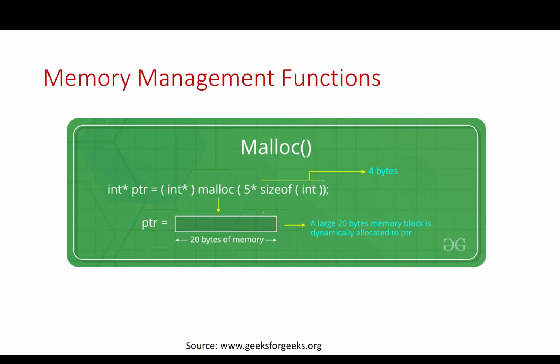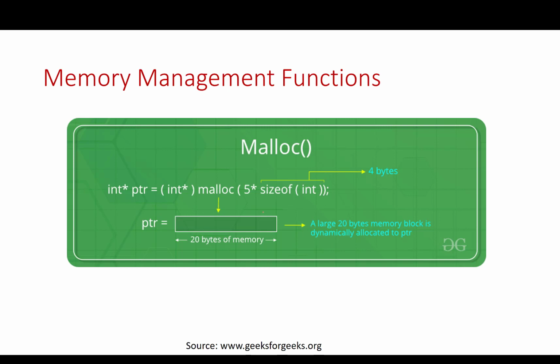So here, if you used malloc, and this is how you are going to use it, malloc(5 * sizeof(int)). Here in the memory, the pointer will reserve 20 bytes. Why 20 bytes? The sizeof(int) is 4 multiplied by 5, which is 20 bytes, right?